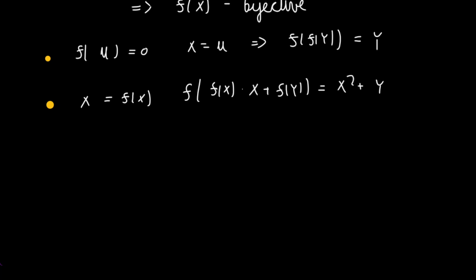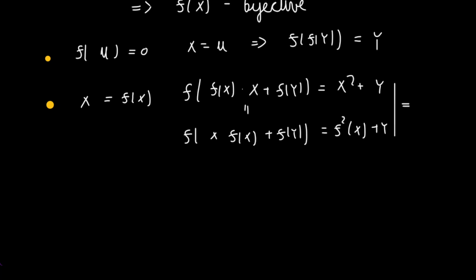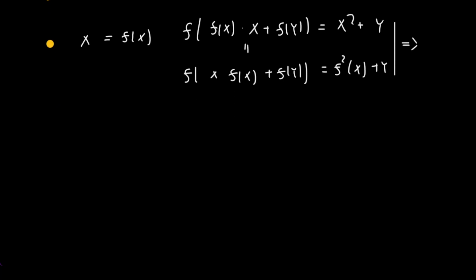But look, here it's very interesting, because this one is essentially the relation from the beginning, which is f of x squared plus y. So from these two, you will get that f of x is plus or minus x.